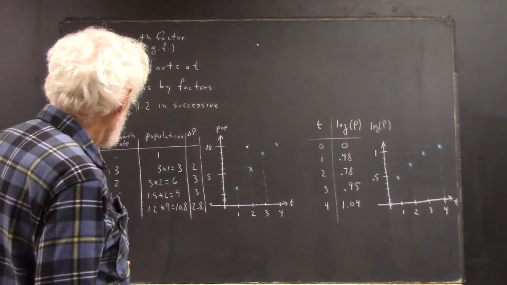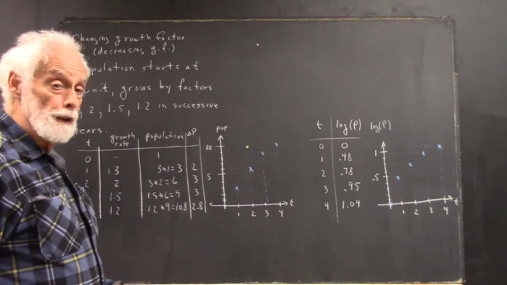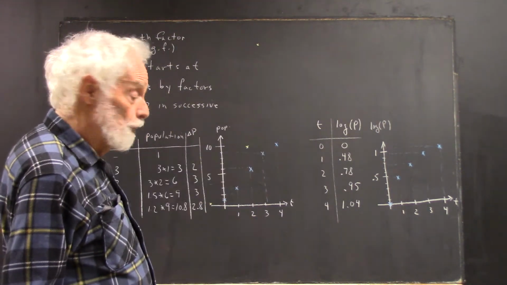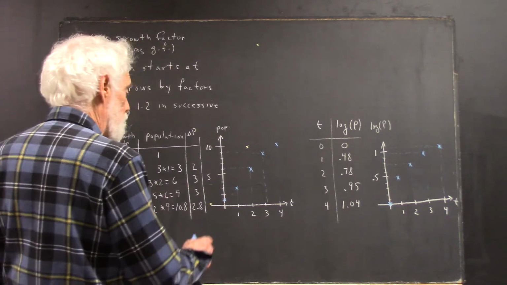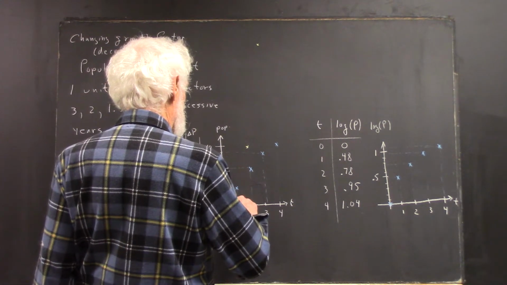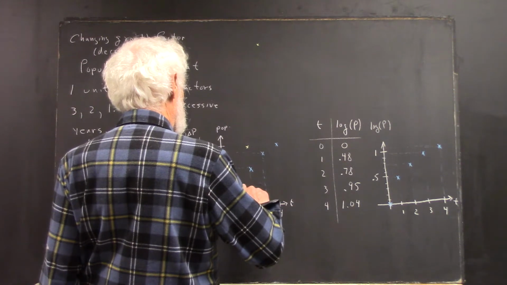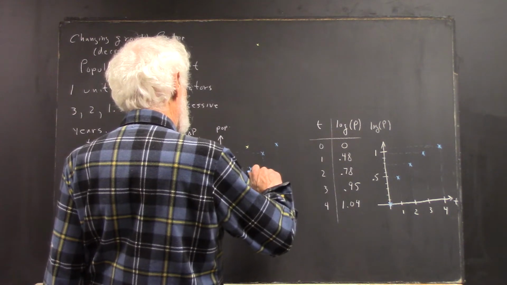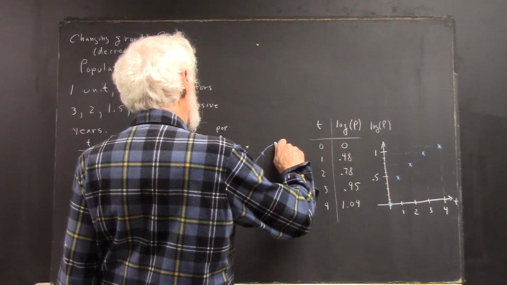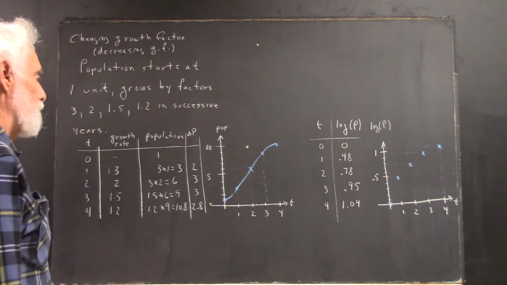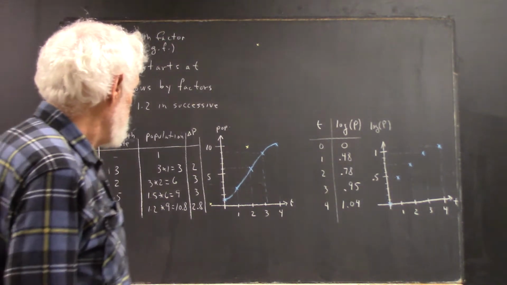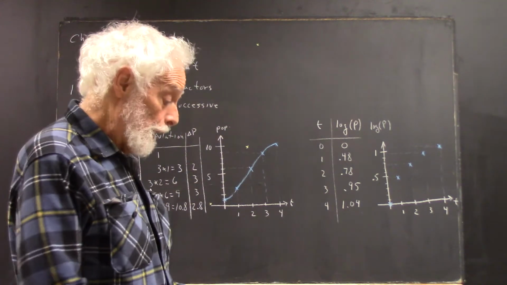Okay, so now here I have a graph of the populations. Populations are going up, they're continuing to go up. But if you draw a reasonable curve here, the population goes up here, then it kind of goes up at a constant rate, and then it kind of starts to level off. Now there are many reasons this can happen.